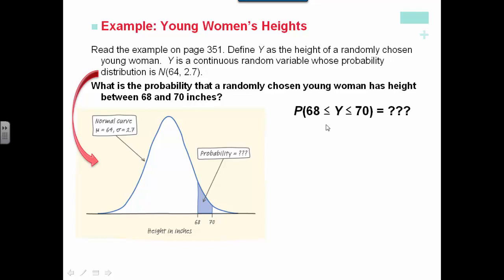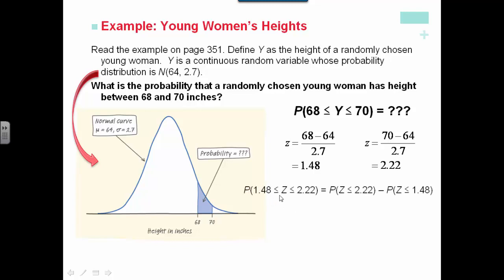So here's how it would look. Probability y is between 68 and 70. Find the z-scores. 68 minus 64 divided by 2.7. Again, review that this is the value minus the mean divided by standard deviation. So we're finding the probability z is between 1.48 and 2.22.